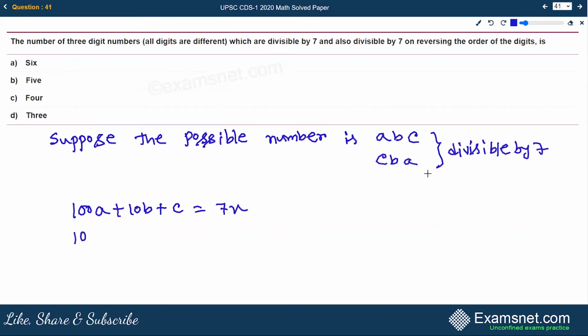Next, CBA can be represented as 100C plus 10B plus A equals 7y. Now let's name them 1 and 2.